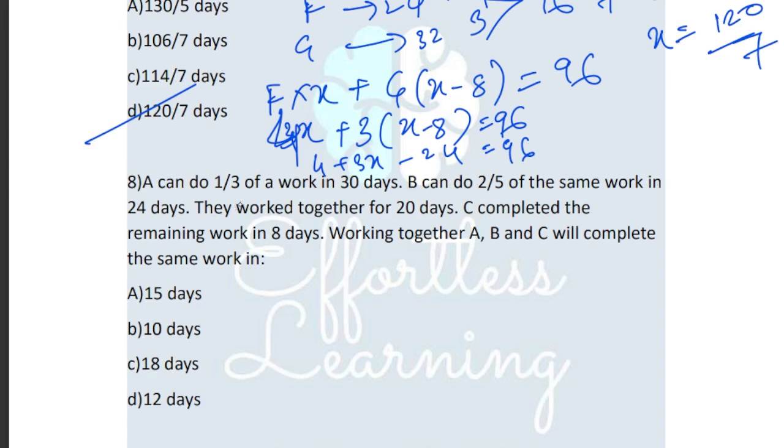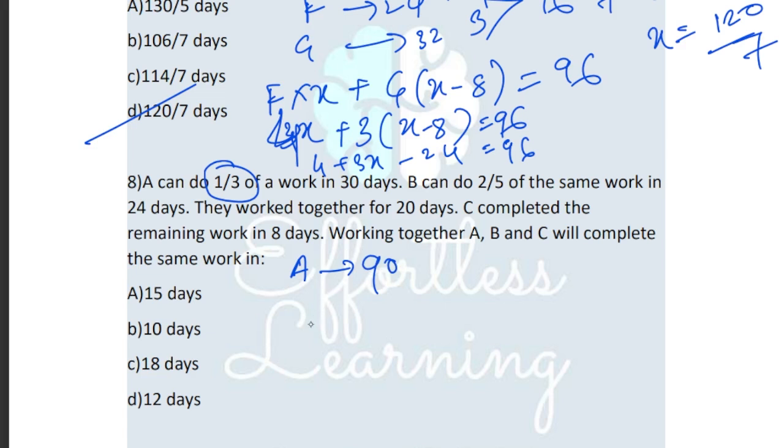Again, A can do 1/3 of the work in 30 days, B can do 2/5 of the work in 24 days. They work together for 20 days, and C completes the remaining work in 8 days. Working together, find ABC. So A completes 1/3 of the work in 30 days, which means the full work will be done in 90 days.